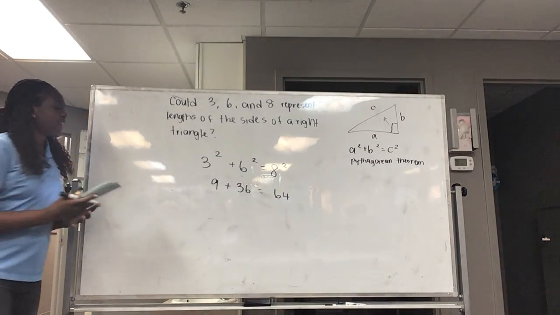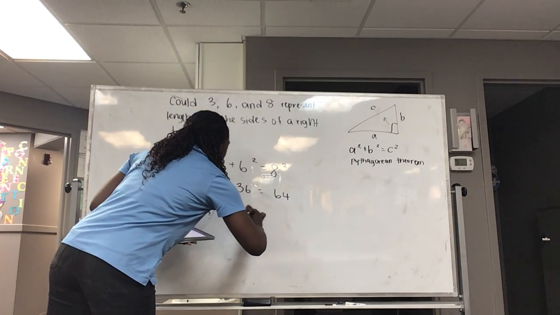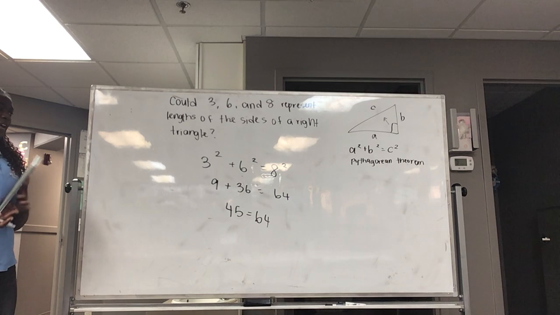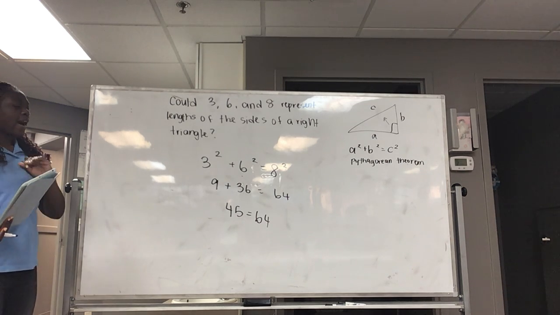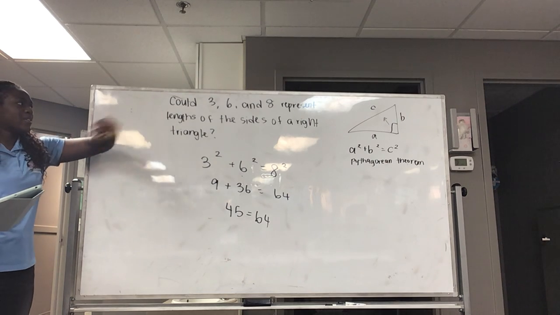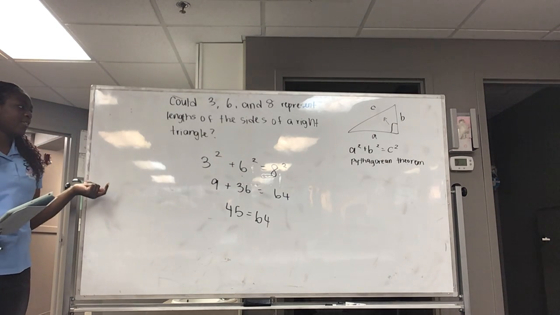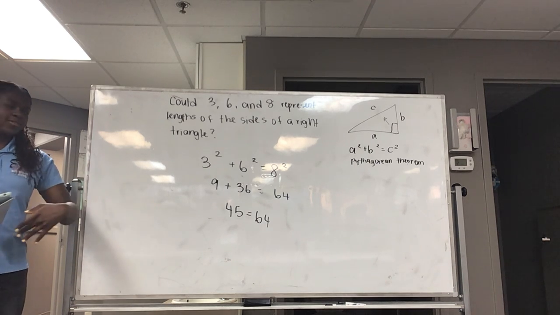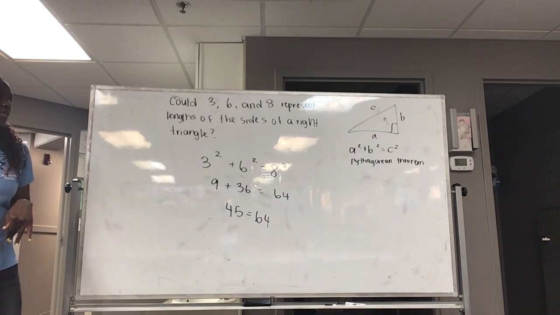Yeah, so if we simplify this, 45 is equal to 64. Well, we all know that's not correct. 45 doesn't equal 64. And so that means that the Pythagorean theorem didn't work and that these three numbers couldn't represent a right triangle. If it were a right triangle, we'd get 64 equals 64 or something like that.